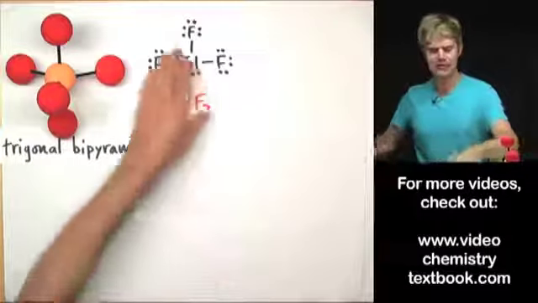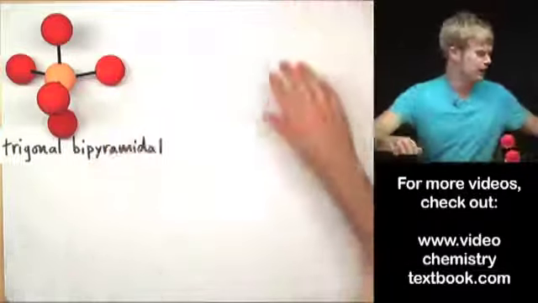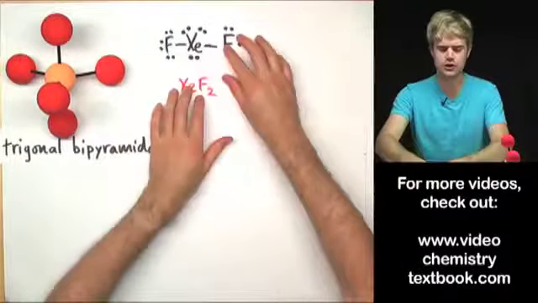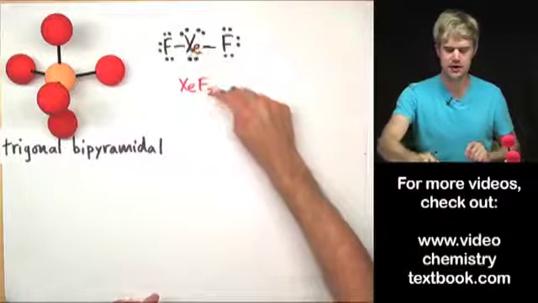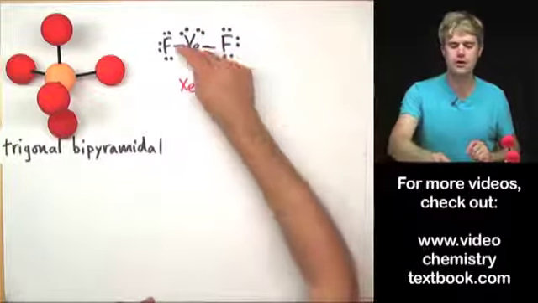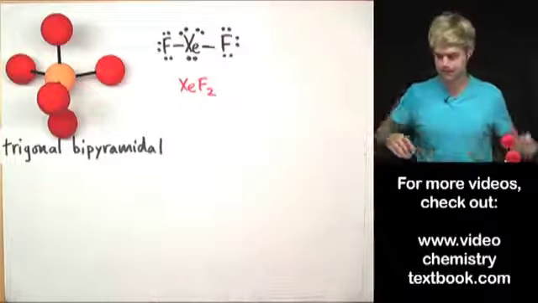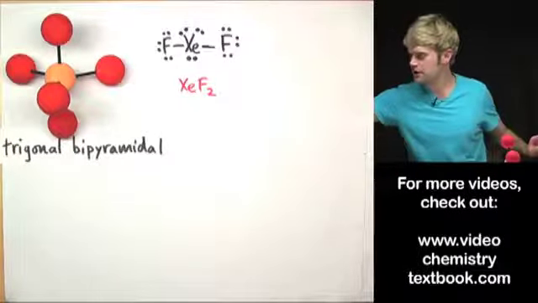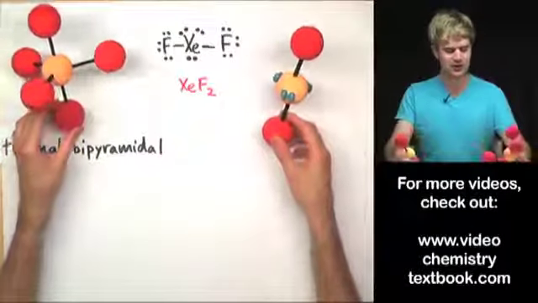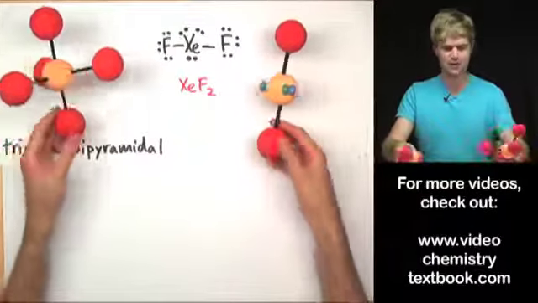Okay, and then the last molecule that we'll look at is one that has 2 bonds and 3 unshared pairs. Xenon difluoride here, 1, 2, 3 lone pairs and 2 bonds. Here is what this molecule looks like. Again, look at how it's related to the trigonal bipyramidal.